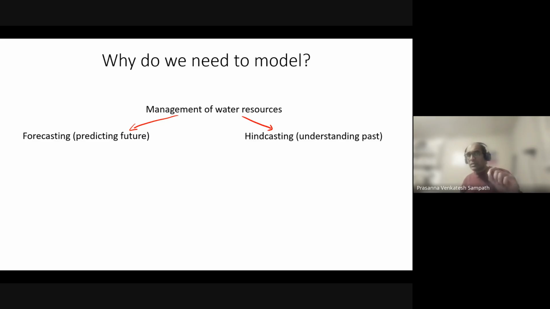Now the question is, what is the role of hindcasting, or basically understanding the past, when I see a contaminant in my water today? Suppose I find something in my water today.